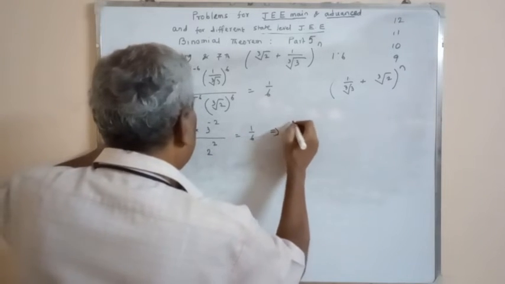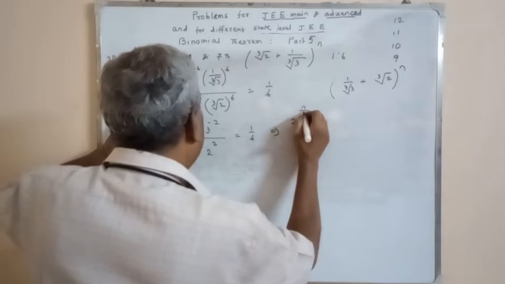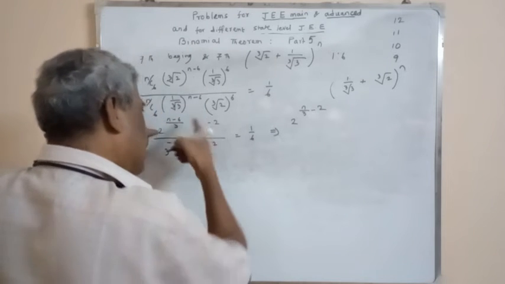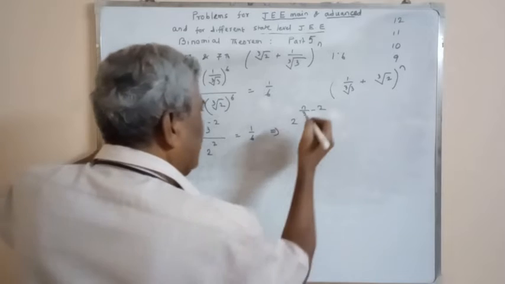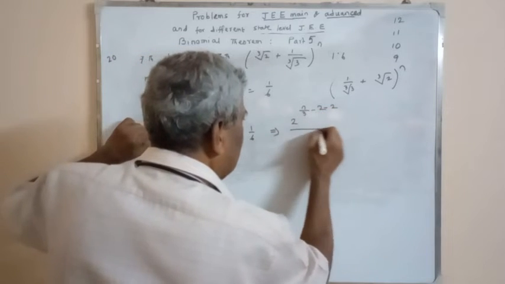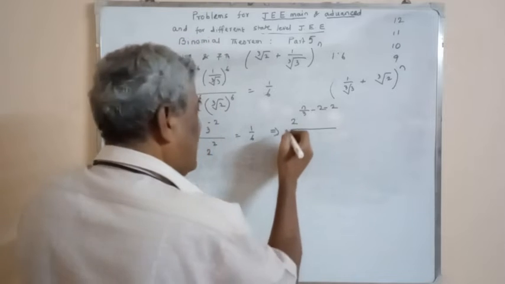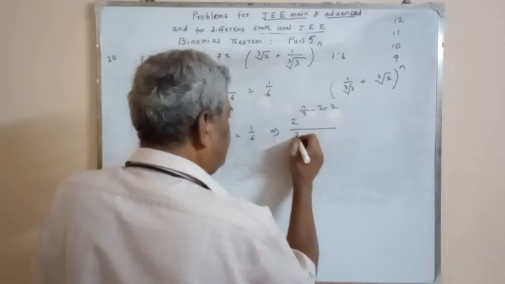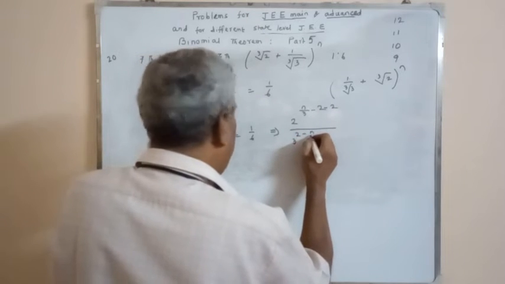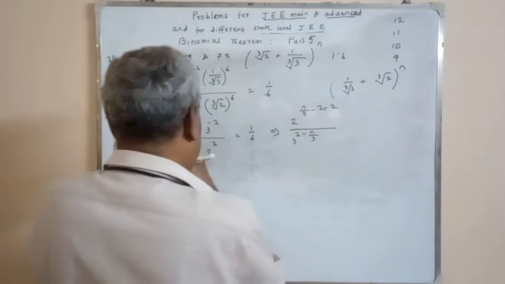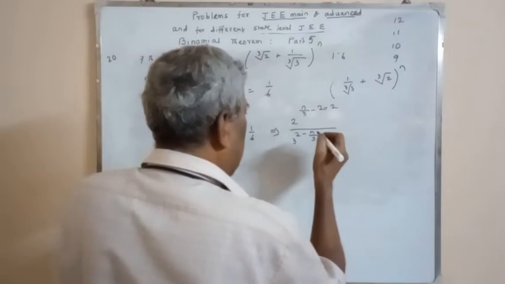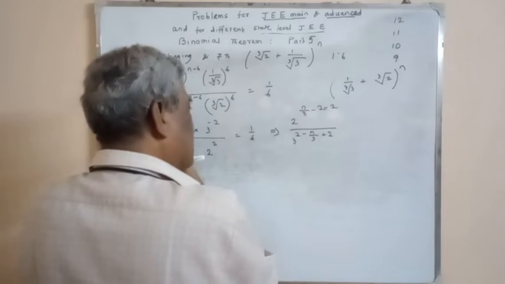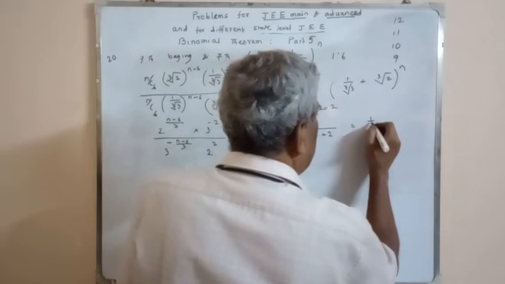From there, 2 to the power n by 3 minus 2, this is minus 2, and when taken as a numerator, it is minus 2 by 3 to the power, this is plus 2, minus n by 3, this is plus 2, 3 to the power plus 2, is equal to 1 by 6.